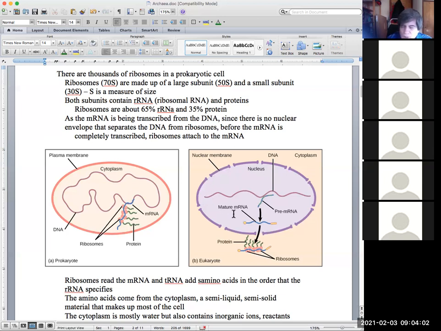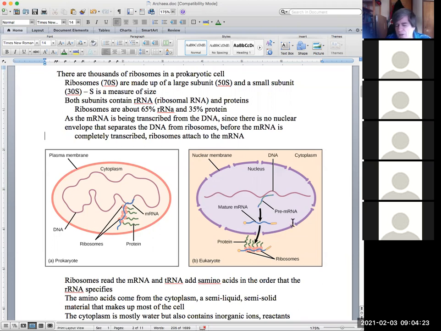Well, on the right in our diagram here is a eukaryotic cell. And if we look at this eukaryotic cell, this dark purple oval with the little holes every once in a while represents our nuclear envelope, or if you prefer, nuclear membrane.